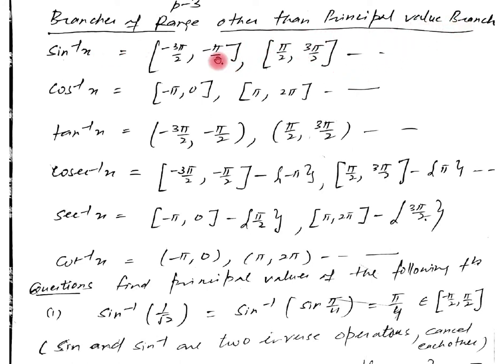So you have to learn only one interval for each of these inverse trigonometrical functions. These are the other intervals of the various inverse trigonometrical functions where our function is one-one. These are the different intervals for the different inverse trigonometrical functions.